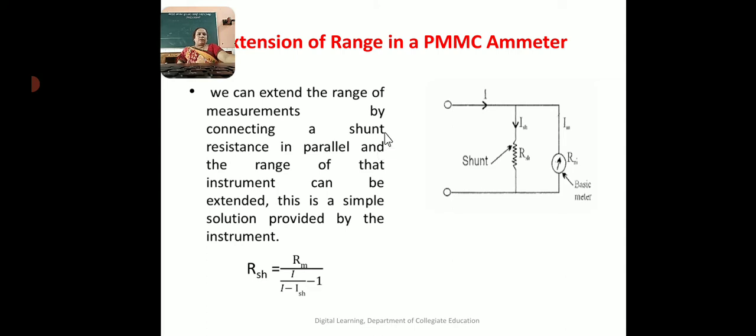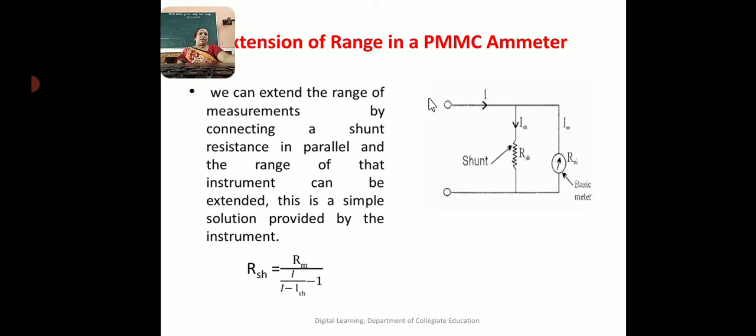Many of us will think that we must buy a new ammeter to measure a higher amount of current, or that we have to change the constructional features so that we can measure higher currents. But there is nothing like that.